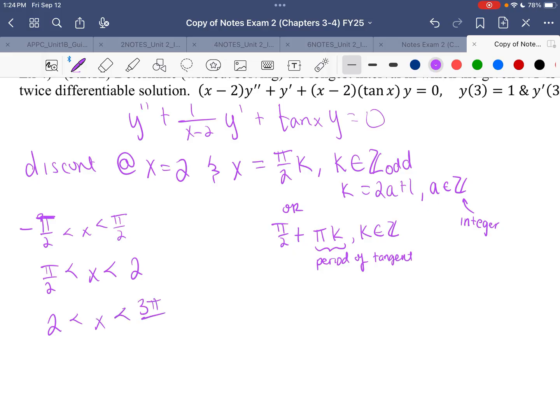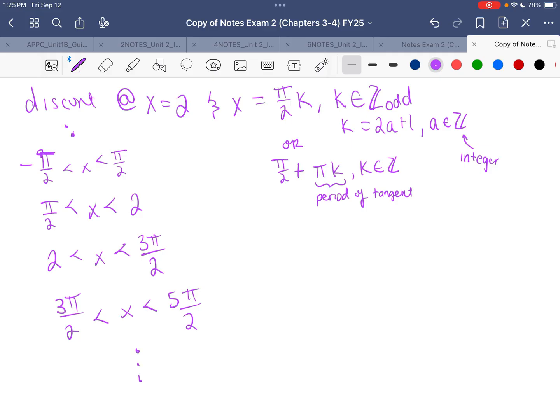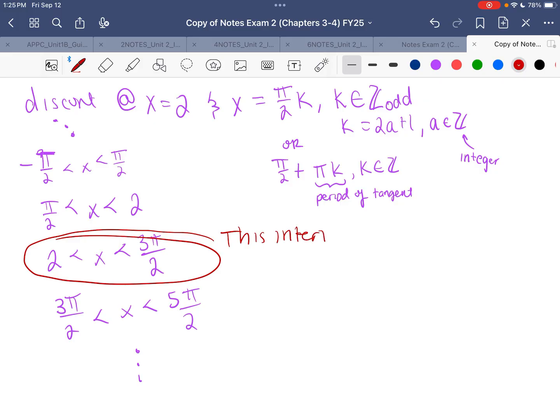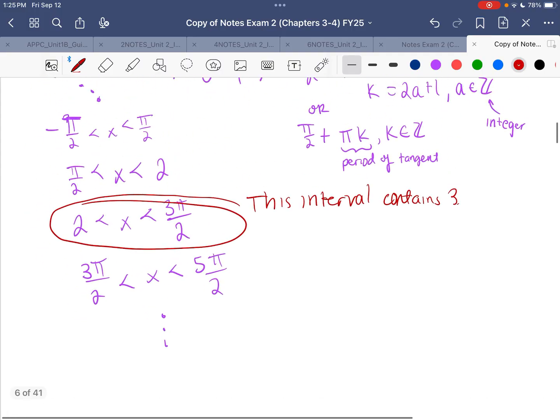And 3 pi over 2 is like 9 point something divided by 2, like 4 point whatever. If you wanted to, you can keep going both ways with intervals. But what possible interval is 3 in? 3 is in this interval. Okay, that's all.